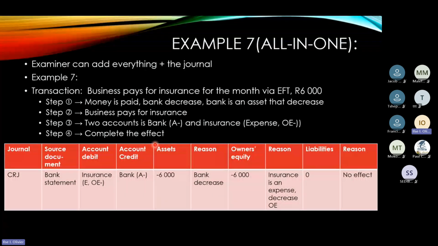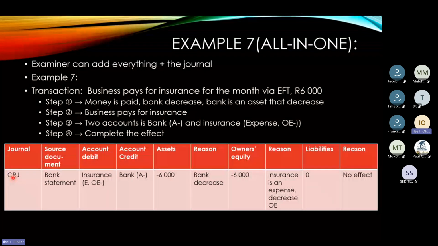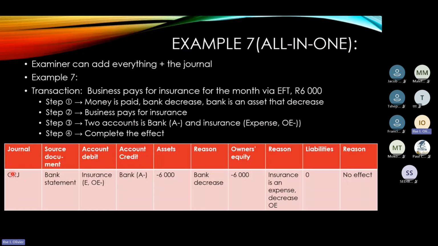So where do we start? We start with your journal. Now see here, it can't be a CRJ, it has to be a CPJ. Right. We said that if we pay something from our CPJ, then we always use bank statement as our source document.